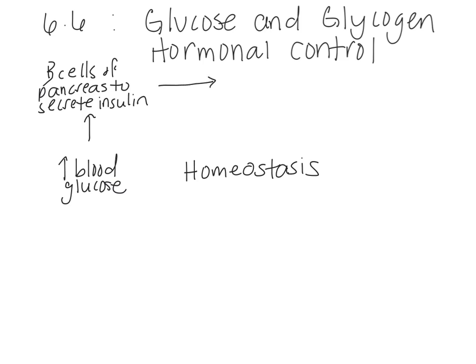The first thing that's going to happen is some of that glucose is absorbed by body cells. Insulin triggers some of the membrane proteins to open, allowing glucose to move from the bloodstream into your body cells.